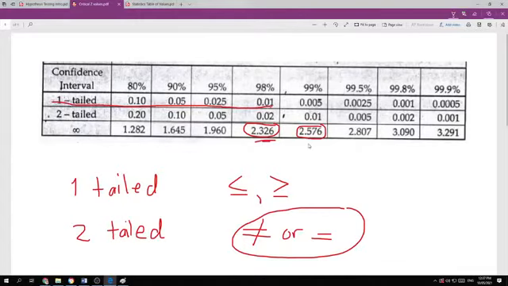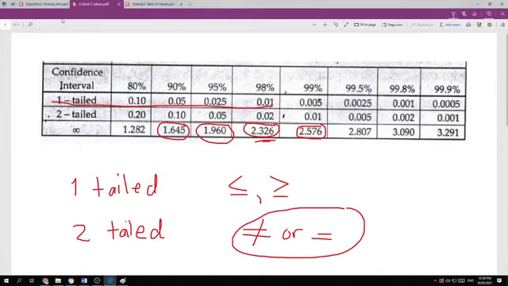Now, what if I'm gonna be having 0.05 one-tailed? One-tailed. How much? 1.645. Okay, there you go. What if two-tailed niya 0.05? 1.96. Okay. So, this is how you use this table.